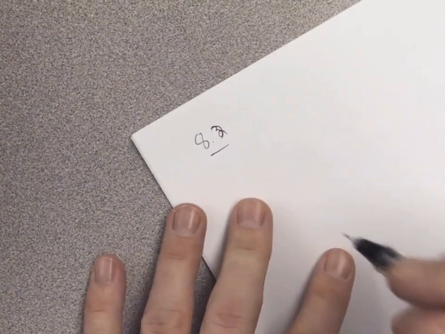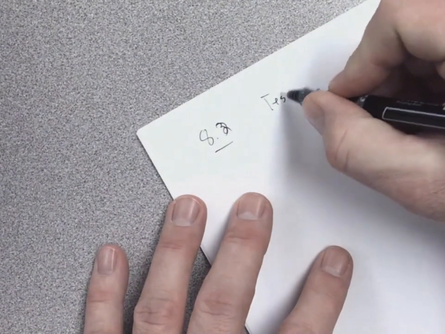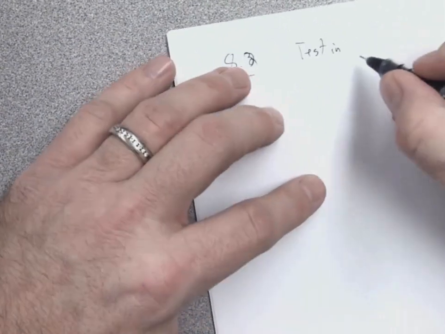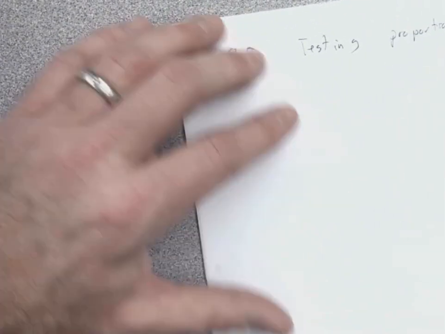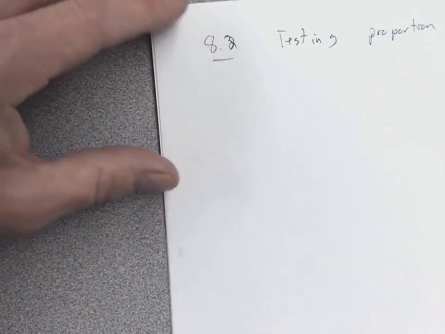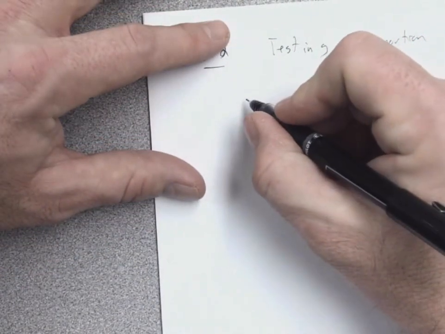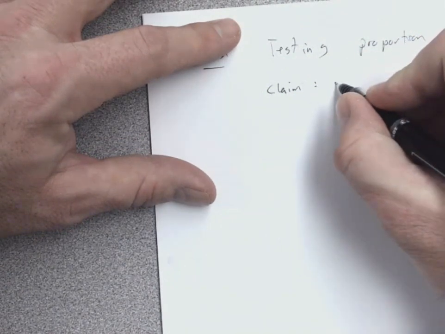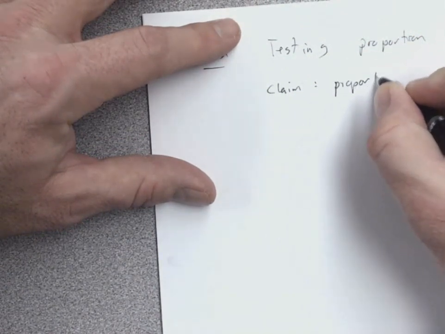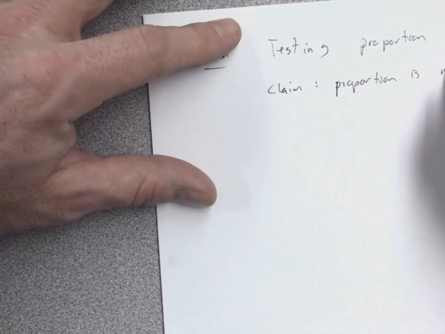So let's write up there what they've had so far. So 8.2 testing proportion. So what they said is they want to test the claim, and the claim is more than half proportion.